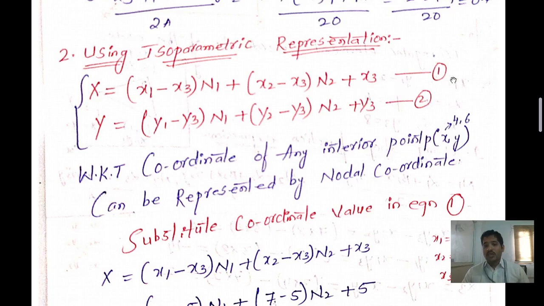So it is considered as equation number 1. If you want to consider for the vertical, so instead of x you represent y1, instead of x1 minus x3 you have y1 minus y3 n1 plus, instead of x2 you have y2 minus y3 n2 plus y3. So it is considered as equation number 2.